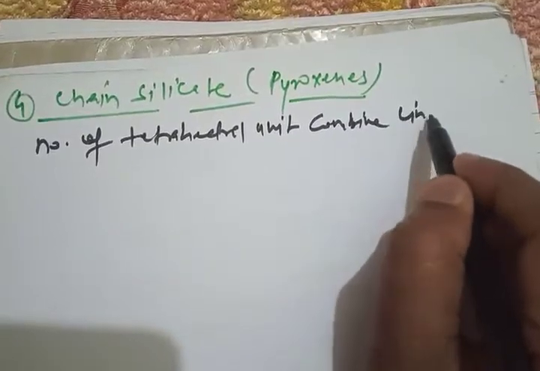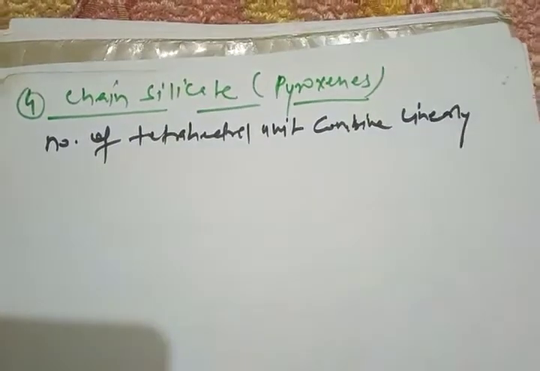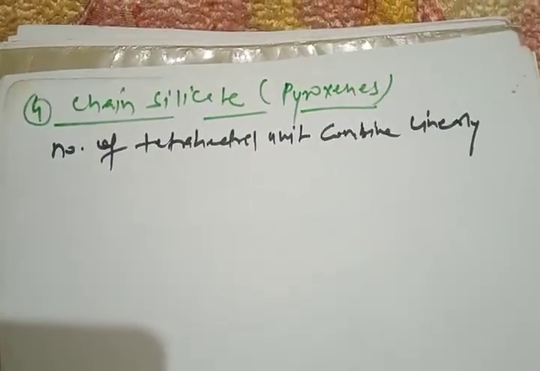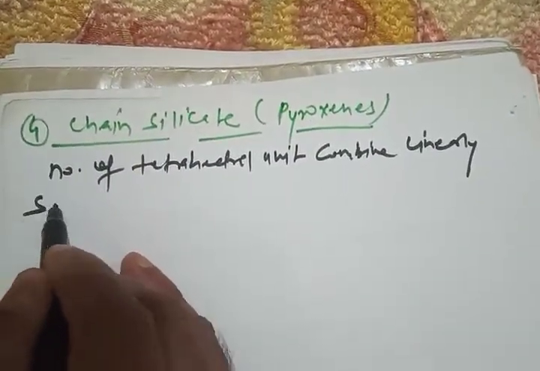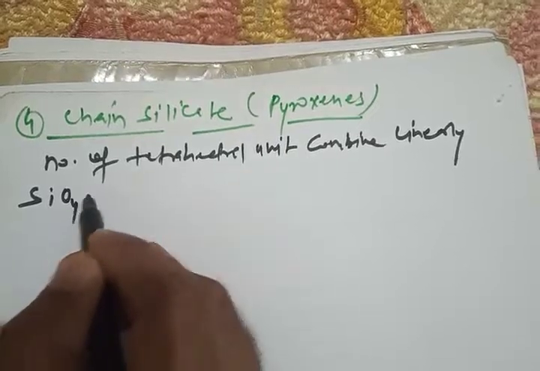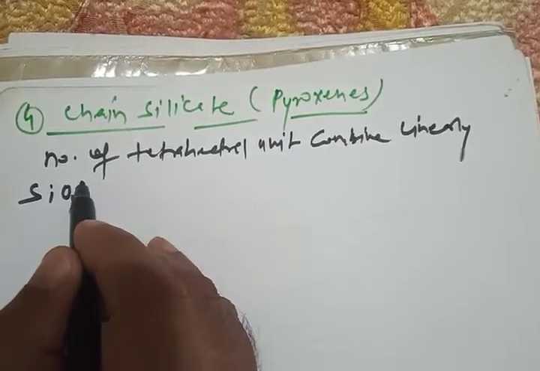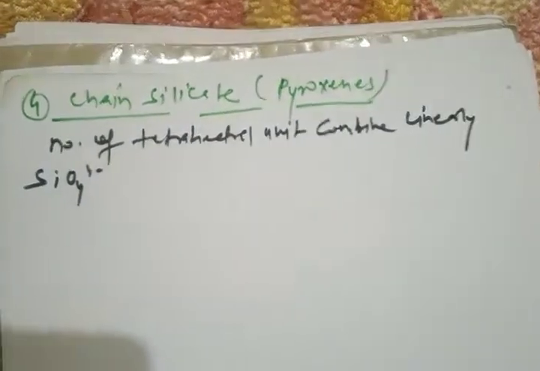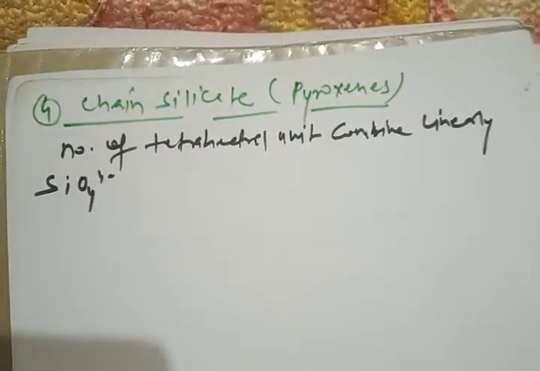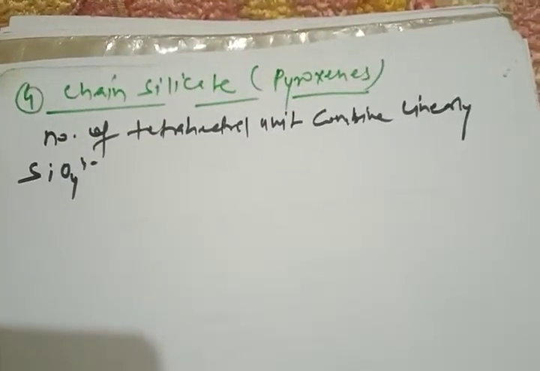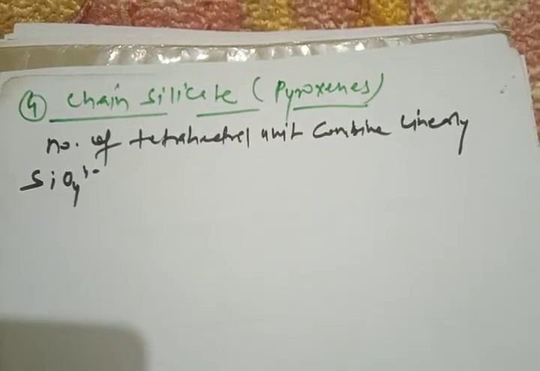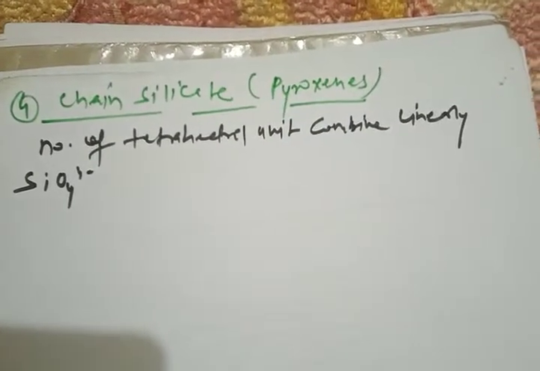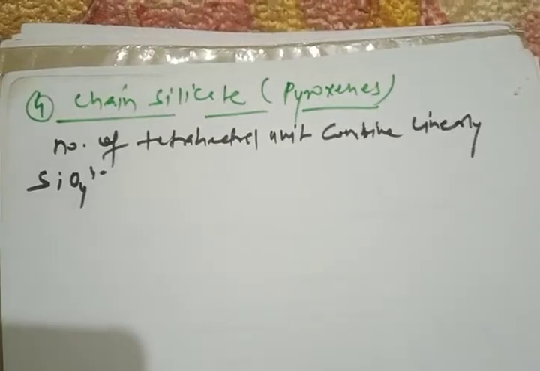Important is that you should combine linearly. It can be any number, and the basic formula is SiO4 4 negative, because the tetrahedral unit is combining, so the basic formula is the same, and it can be for any number, like 4, 5, 6.